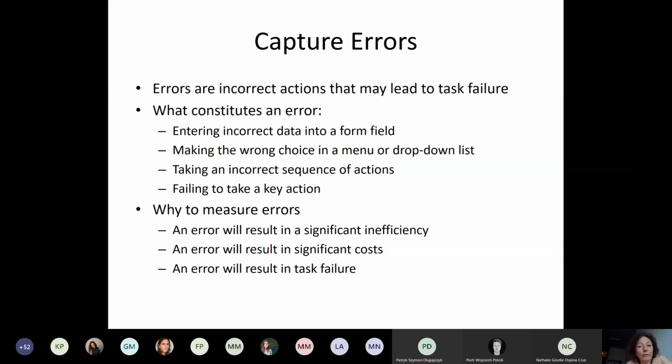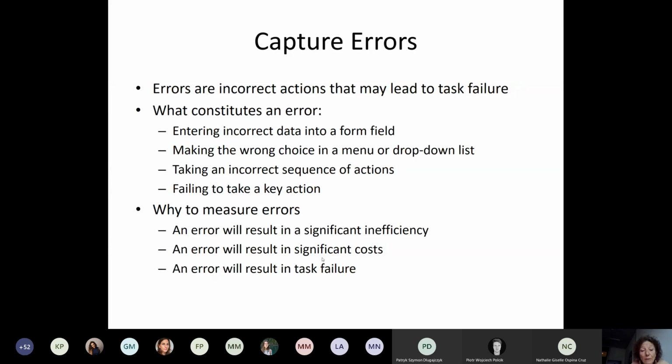If your application is a form, a mistake is writing the data in an incorrect format, which raises the issue that when the data should have a specific format, you should find a way to avoid the error and force the user to use that format only. Other errors are making the wrong choice in a menu, or the wrong choice of a link among different links, following the wrong path, so taking the incorrect sequence of actions.